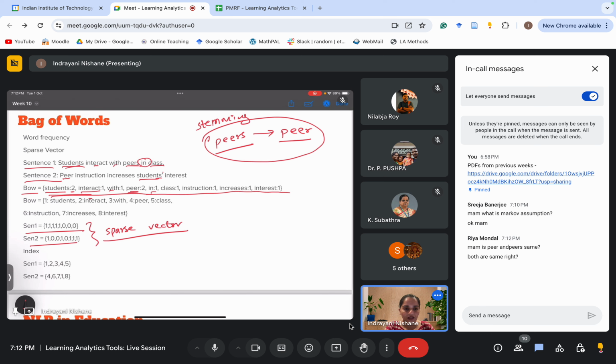So yes, by computer it will be interpreted as the same word, because the computer will do stemming and lemmatization. So based on that, both the words are the same.